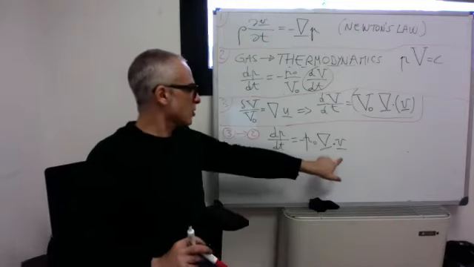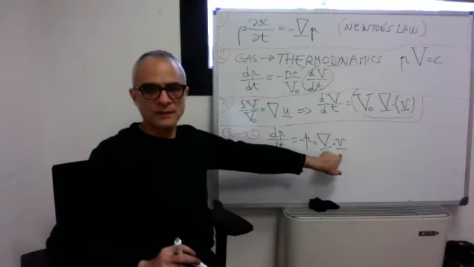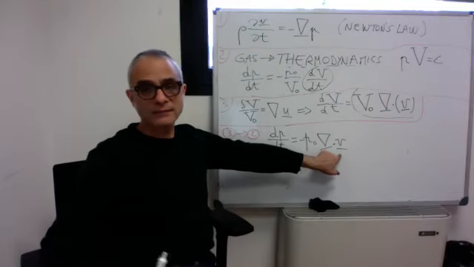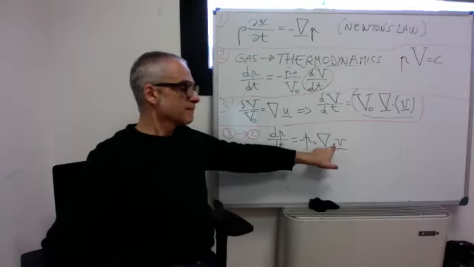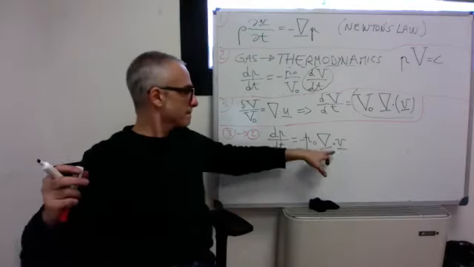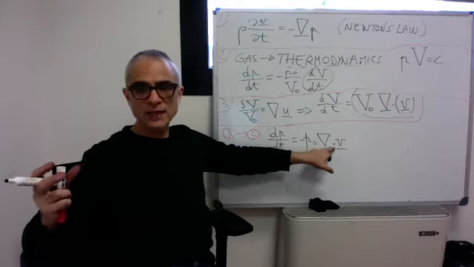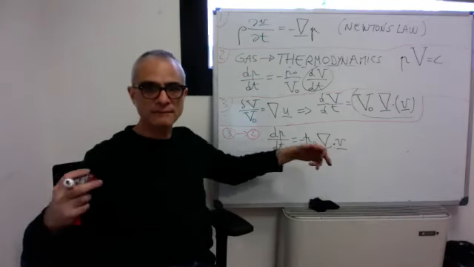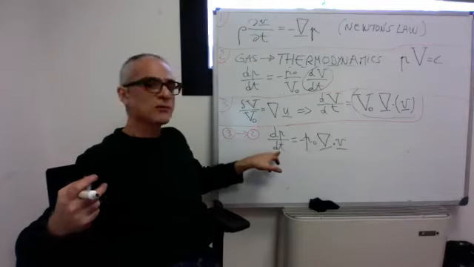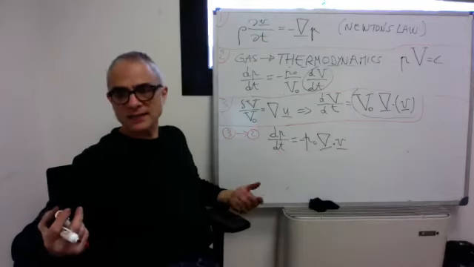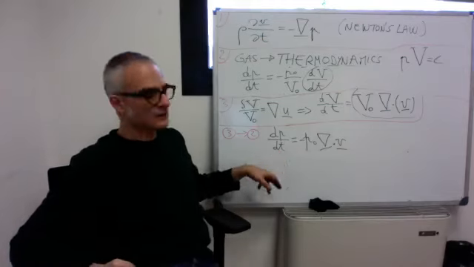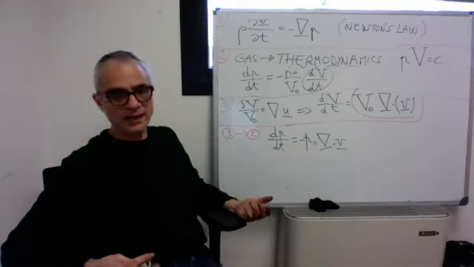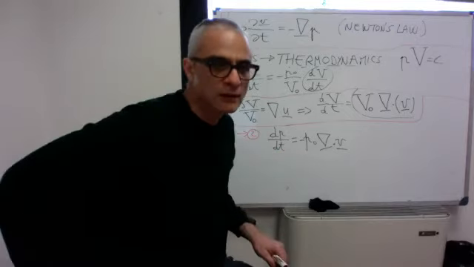Once again, notice that I have two vectorial entities, but because they are multiplied together through a scalar product, the result is a scalar, which is good because on the left-hand side I have a scalar. If I have a scalar on the left-hand side, I have to have a scalar and not a vector on the right-hand side. Good.